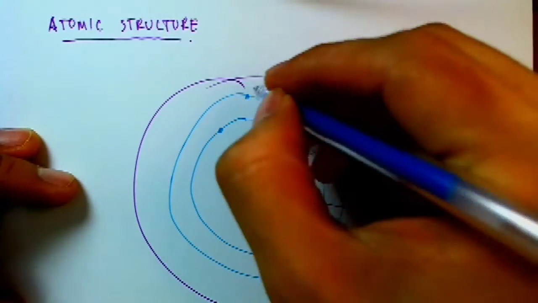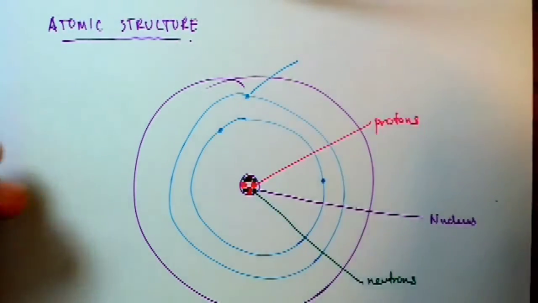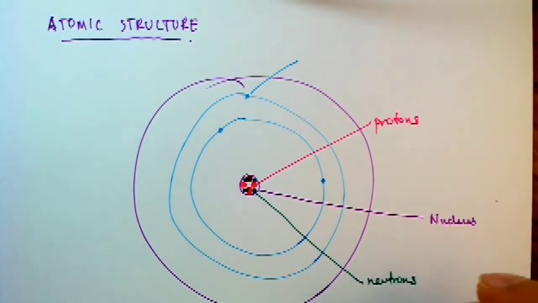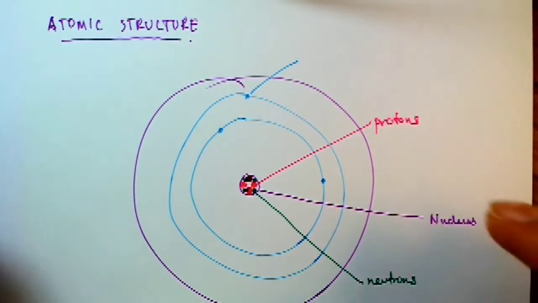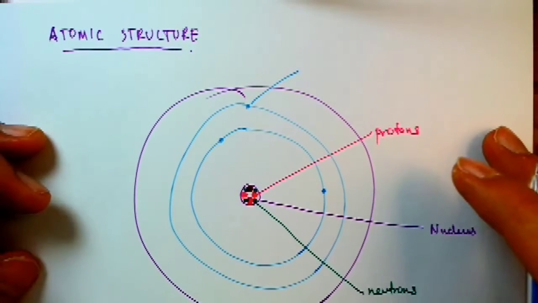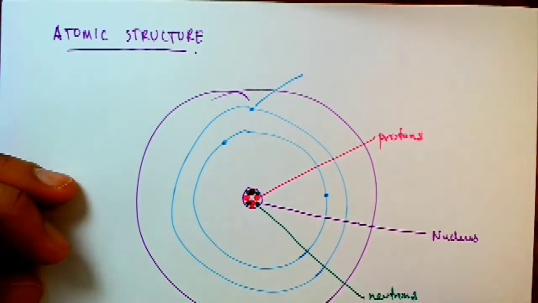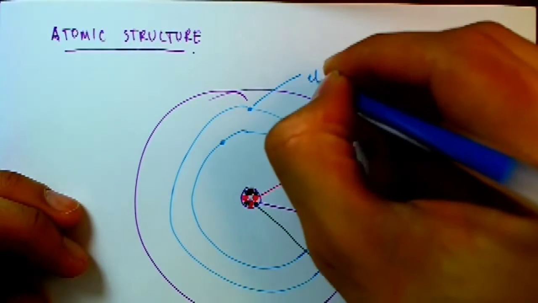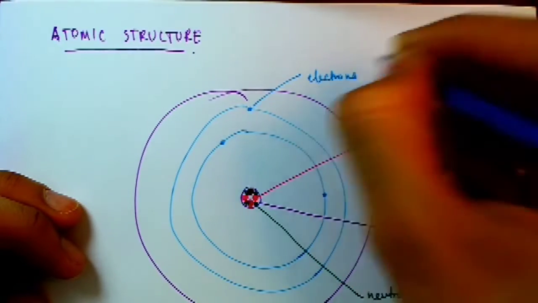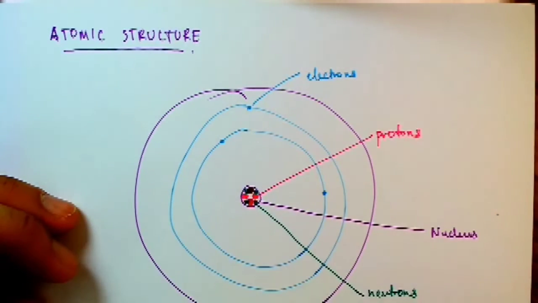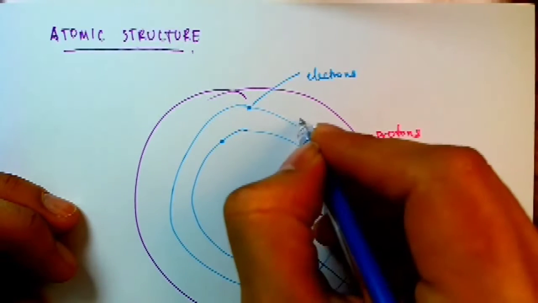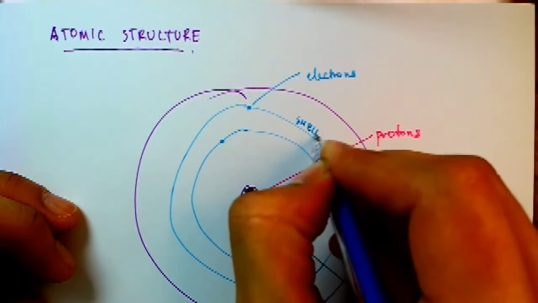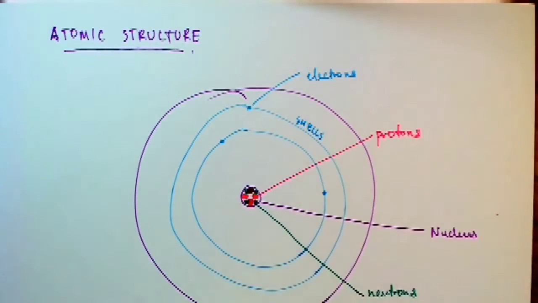Electrons will be rotating in a definite path or orbit. That path is called shells or orbits. See here, I am writing shells or orbits. You can call it a shell or an orbit, main shell.